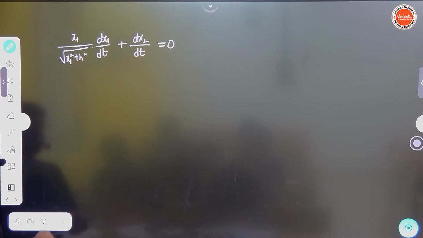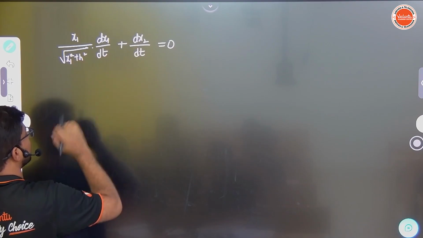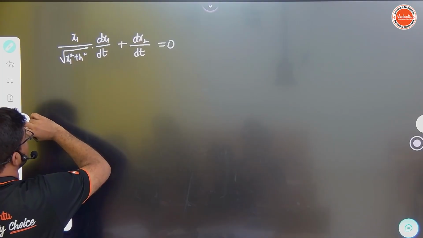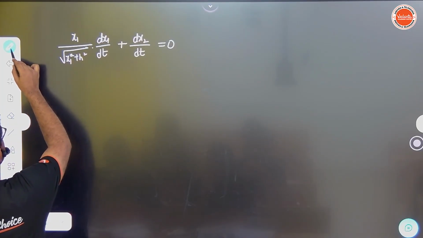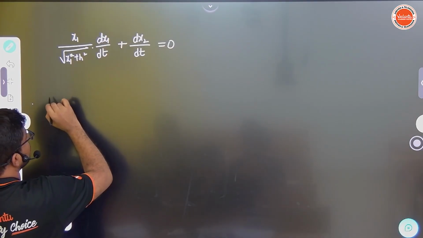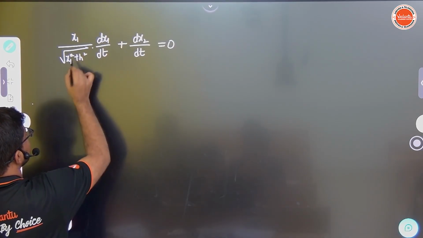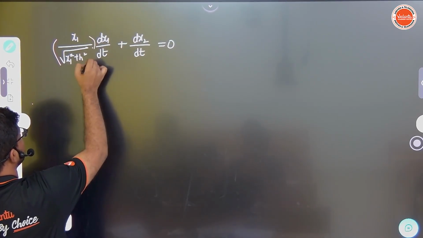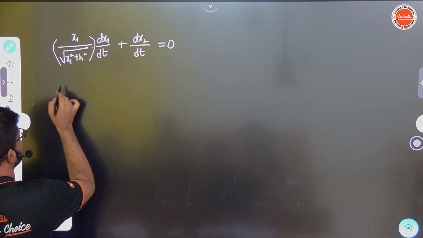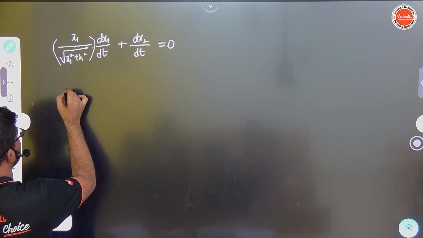Clear? Now second time differentiation over here. So second time differentiation, what do you get here? You have to differentiate this term also here. So let us say you differentiate this one.